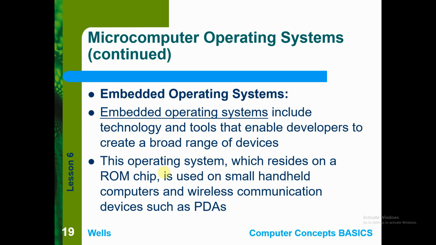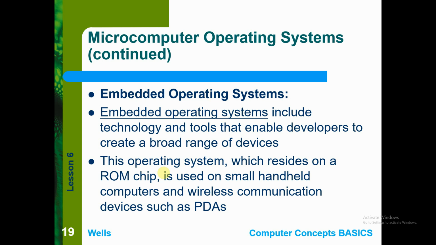So we now go to the embedded operating system. These are the type of system that includes the technology and tools that enable developers to create a broad range of devices and their applications. This operating system, which resides on a ROM chip, is used in small handheld computers.